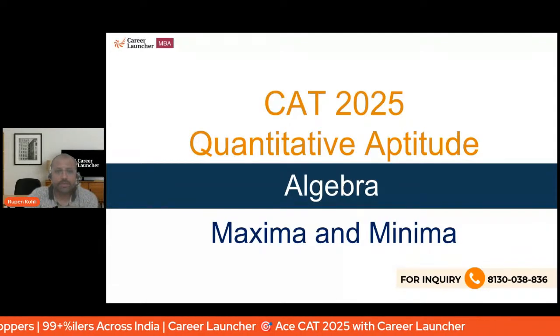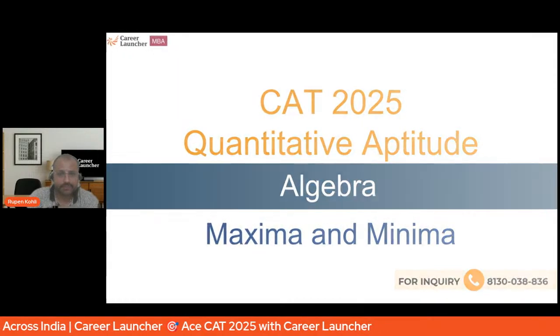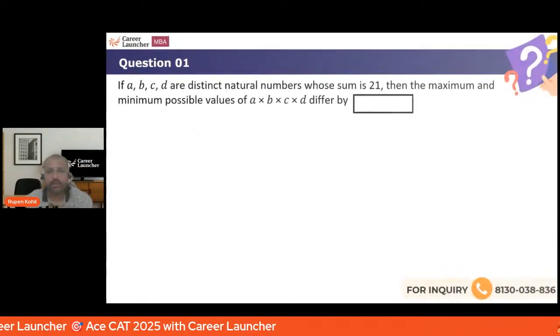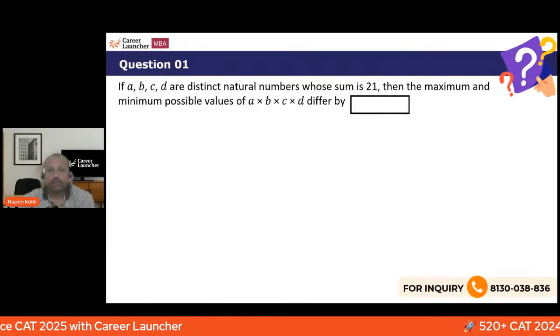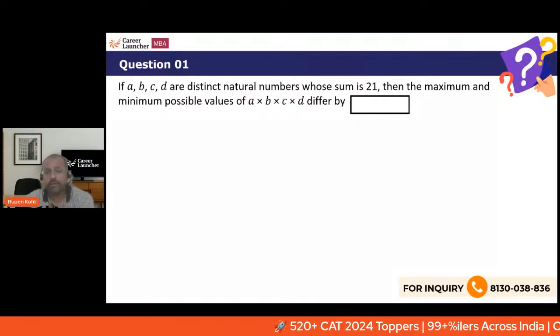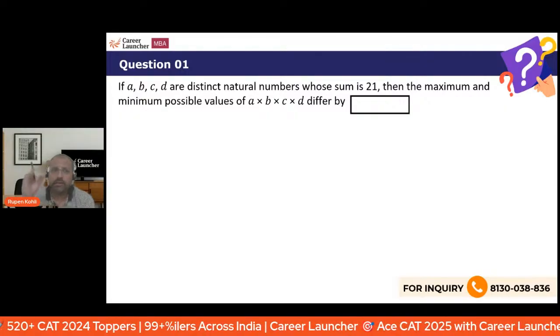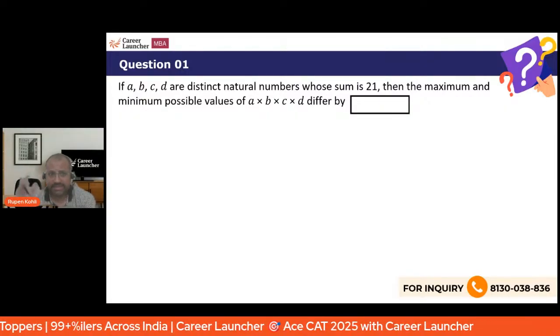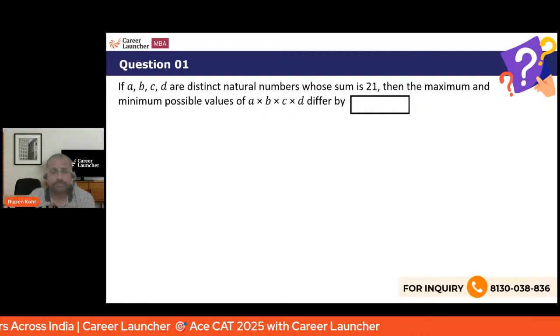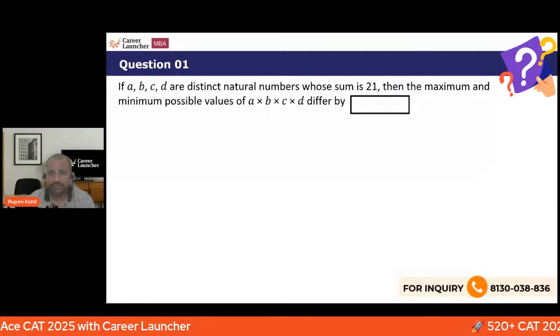All right. So let's see. Here we go. Now, this is a very regular kind of a feature where some kind of a constraint is there on some variables and we have to minimize or maximize something. So A, B, C, D are distinct natural numbers whose sum is 21.